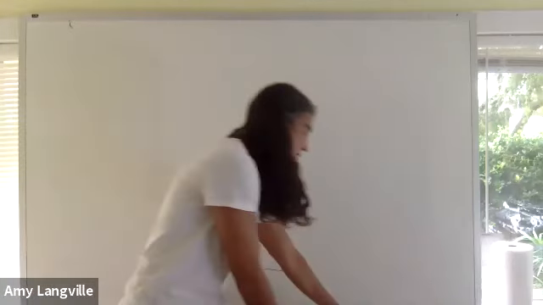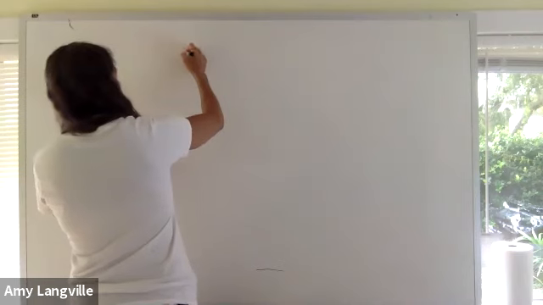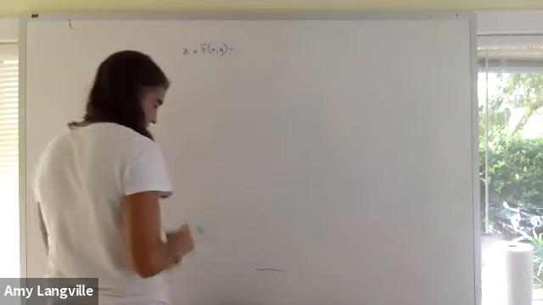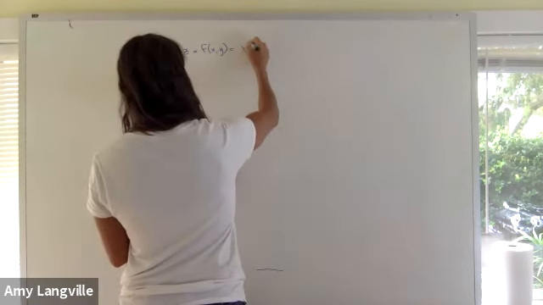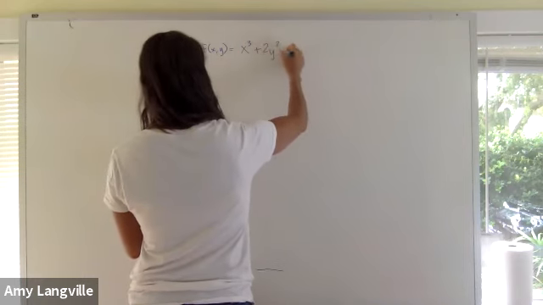And the first function I want to talk about is z is a function of x and y, and it has this explicit equation, x cubed plus 2y squared x.